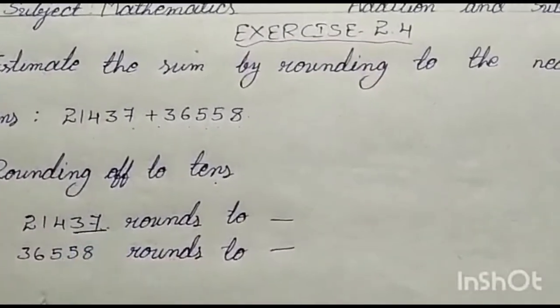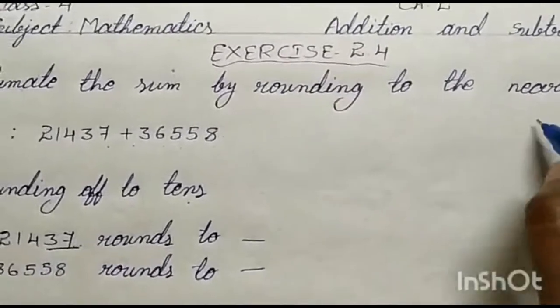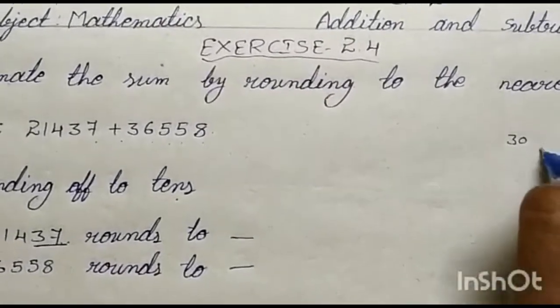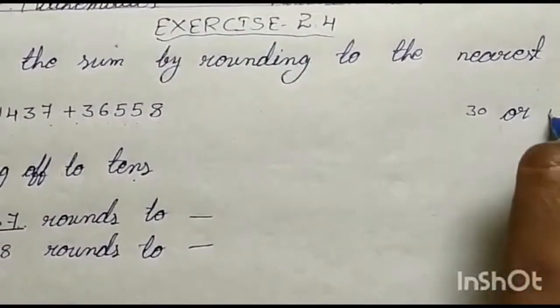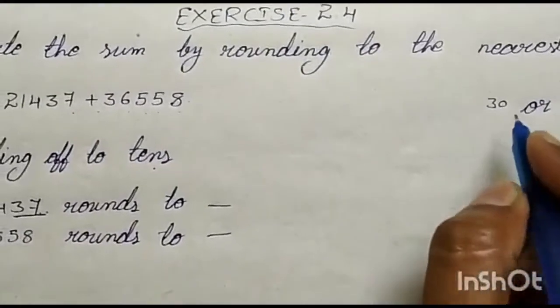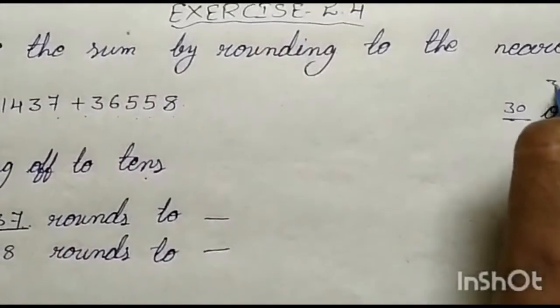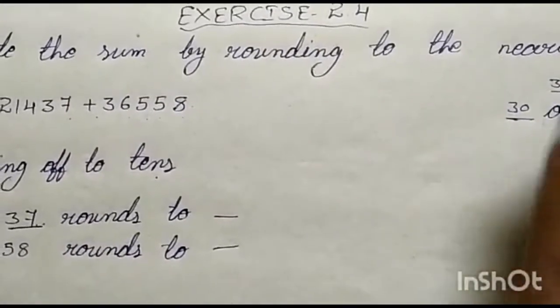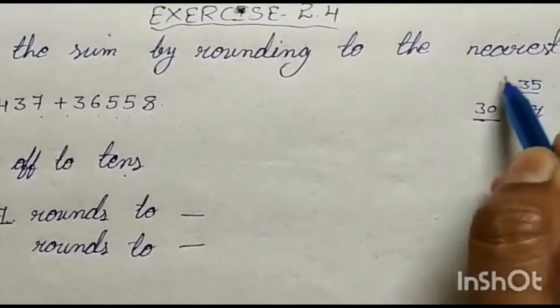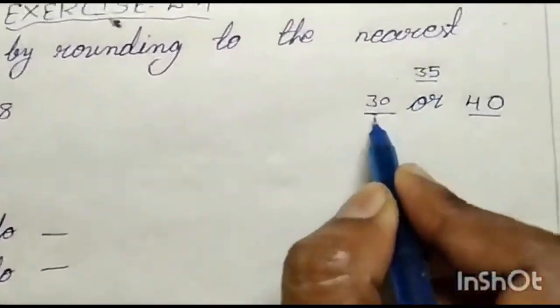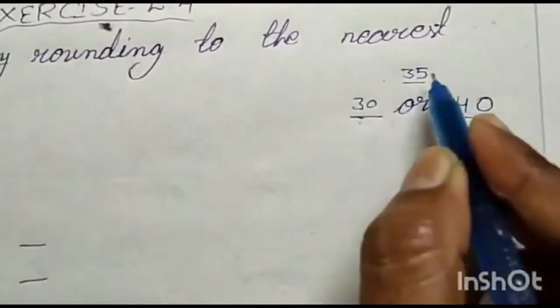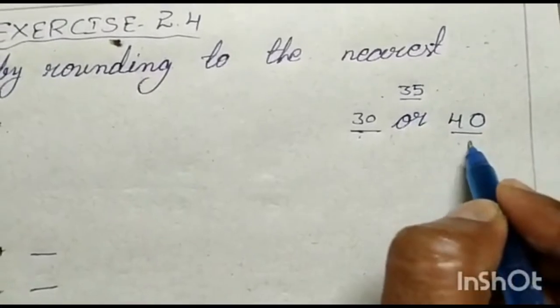37. Is 37 nearest to 30 or 40? Here in between it is 35. Less than 35 it is nearest to 30 and above 35 it is nearest to 40.